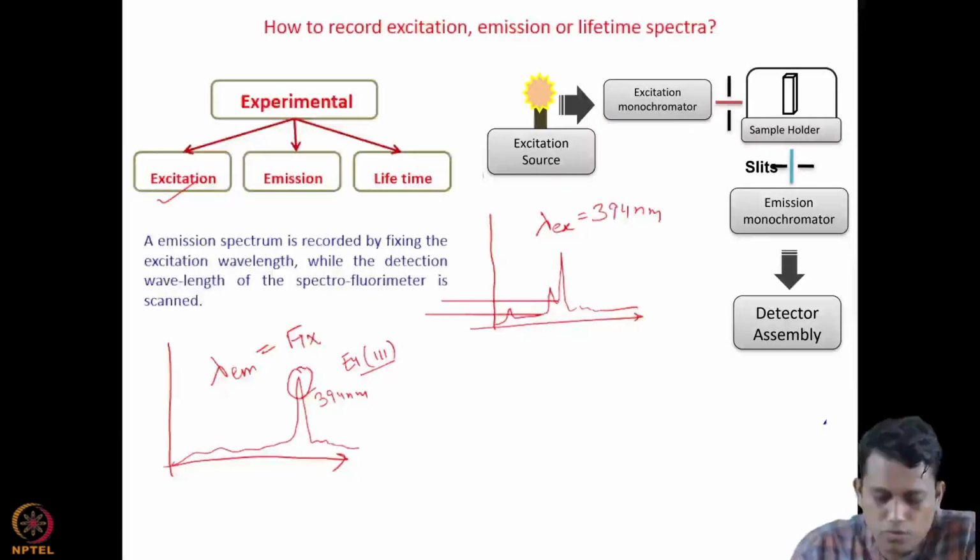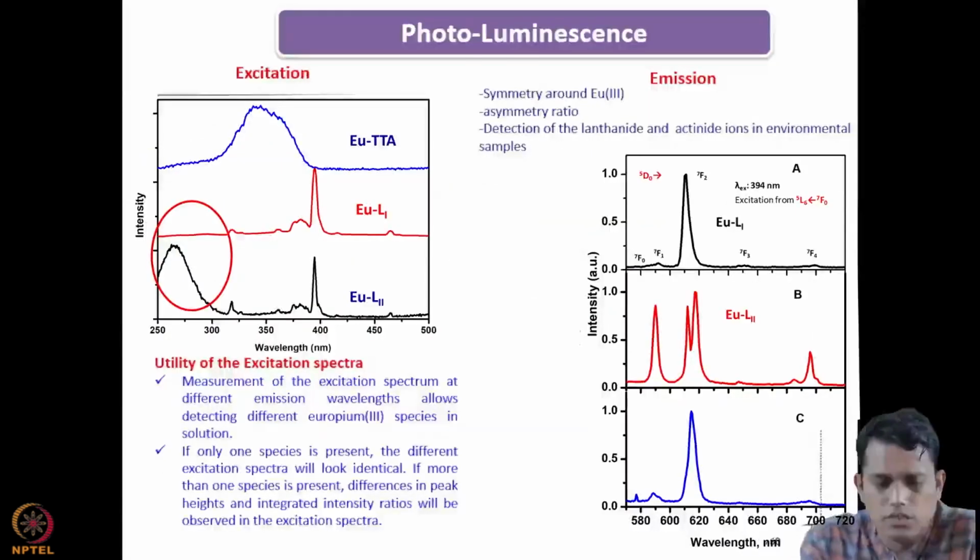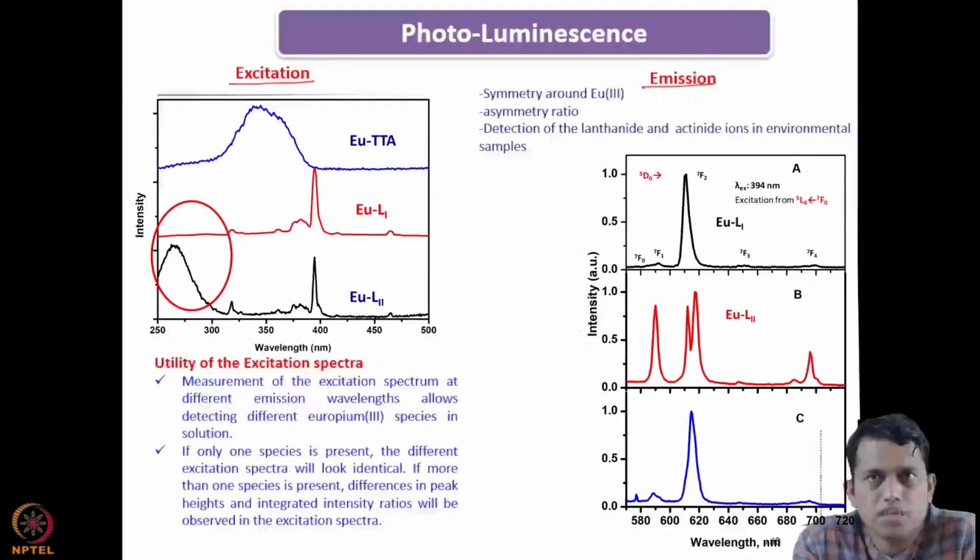Then we'll take these two maxima, fix them, and try to record the decay half-life, or the decay life, of the complex that we are interested in. So we can measure excitation spectra, emission spectra, and also the emission half-lives. We'll talk about the emission half-life later.